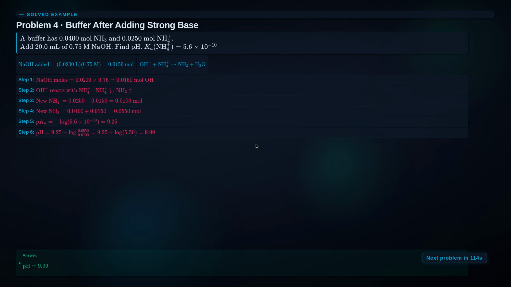Ka of NH4 plus is 5.6 times 10 to the negative 10. Step 1. Moles of NaOH added equals 0.0200 liters times 0.75 molar, which is 0.0150 moles of OH minus.